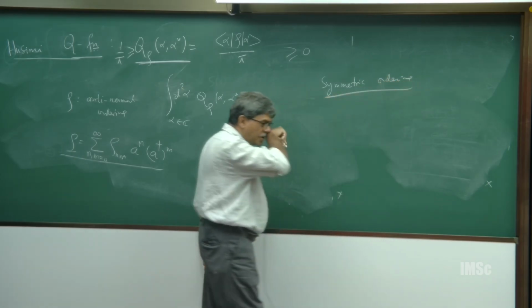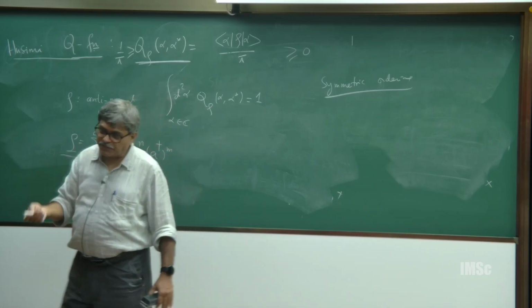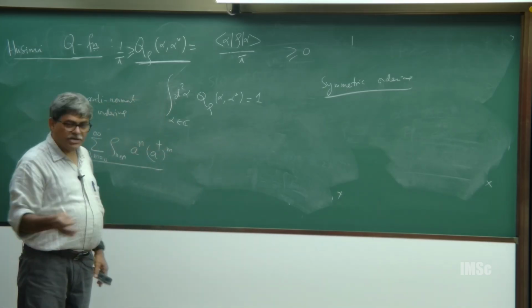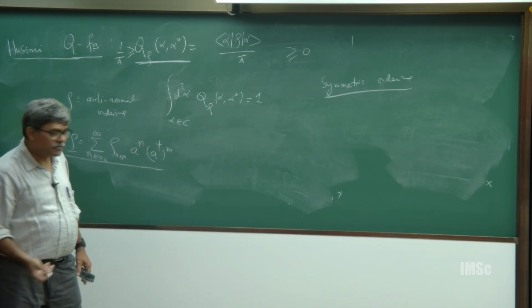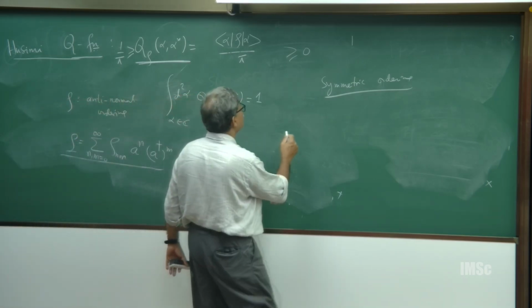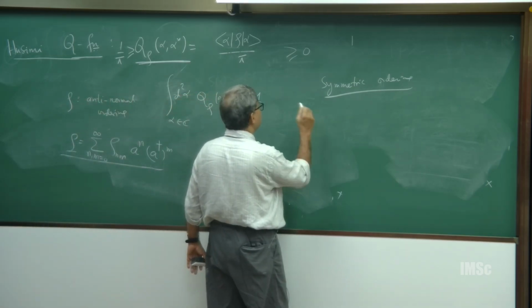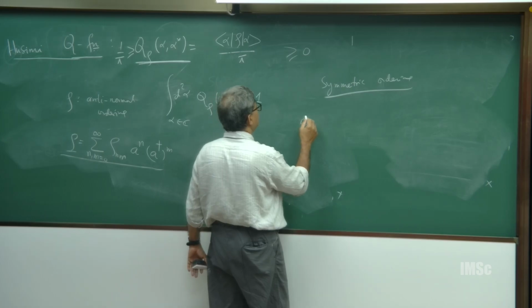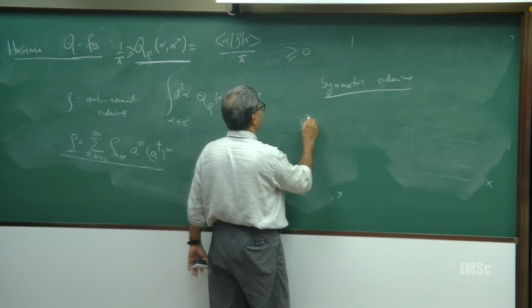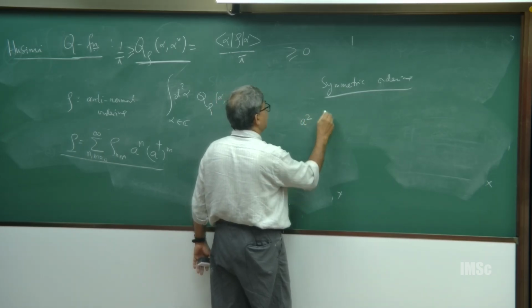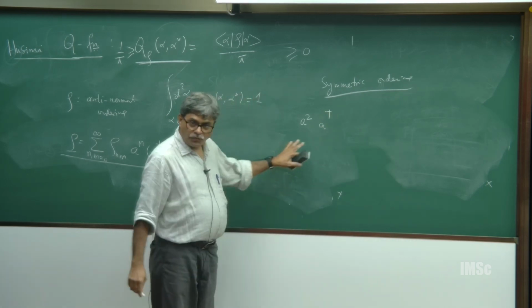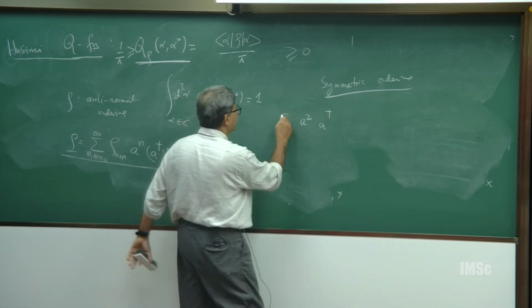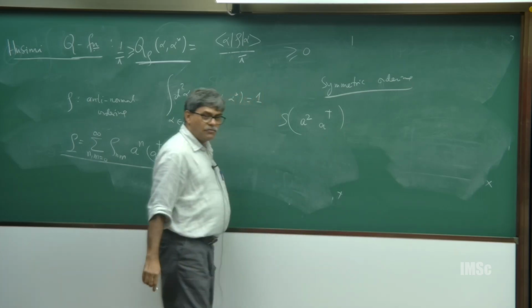So, in symmetric ordering you do not give any preference to powers of A or A dagger. For example, if I want a symmetrically ordered A square and A dagger, how will I write it?